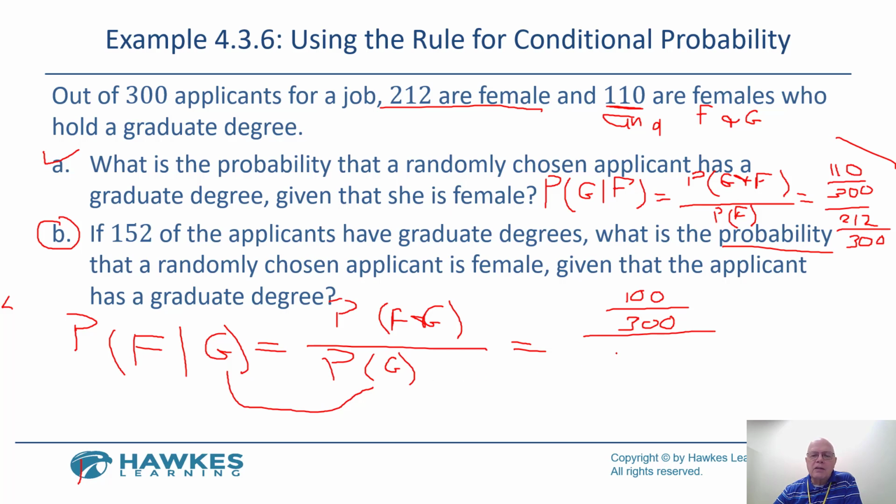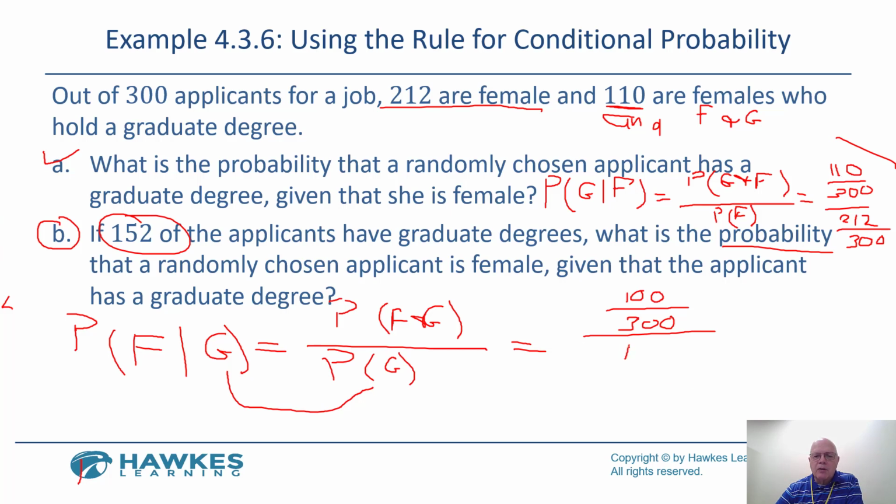And the given part, the probability of a graduate degree: 152 of the applicants have graduate degrees.